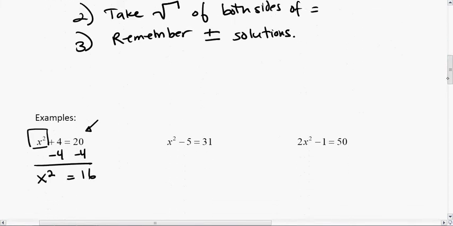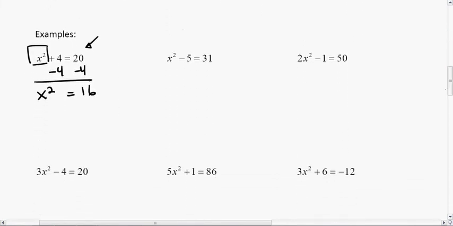So taking the square root of both sides of an equal sign, the square root of x squared equals the square root of 16. Square root of x squared is just plain old x, and the square root of 16 is plus or minus 4, and that's my answer.